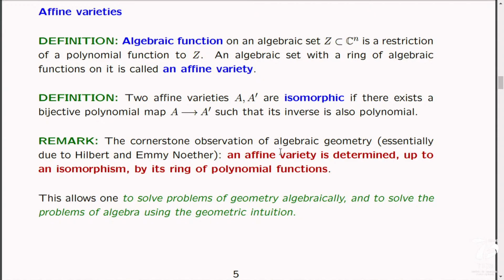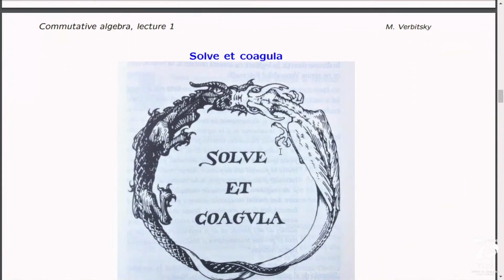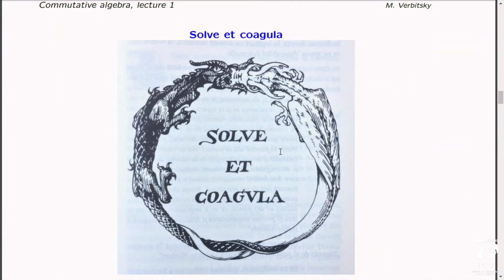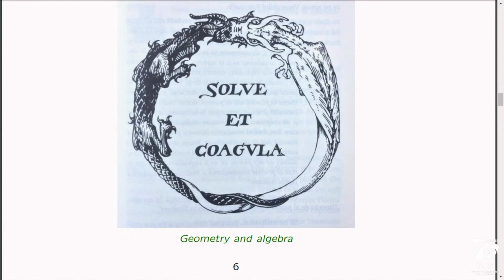There's a picture illustrating that. It's from Solve et Coagula. You can think of geometry and algebra as two sides of this picture. It depicts two approaches to chemistry in medieval alchemy, which are clearly the same but opposite.